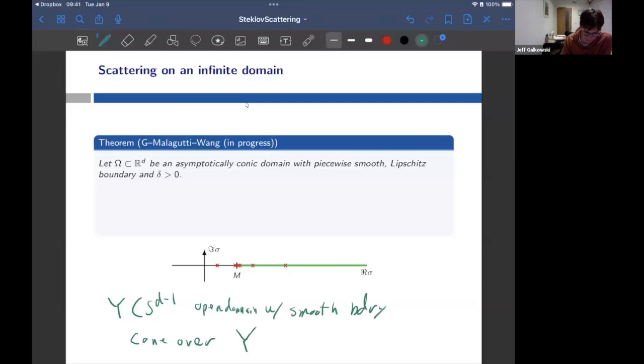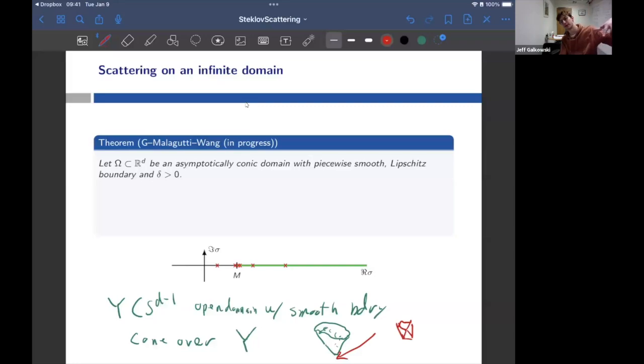Okay, if I draw this in a picture, I'm thinking of something like this, right? Think of the interior of this cone. And then what I allow to happen is that down here, I can have some horrible Lipschitz singularity, whatever, it can go badly near the pointy end.